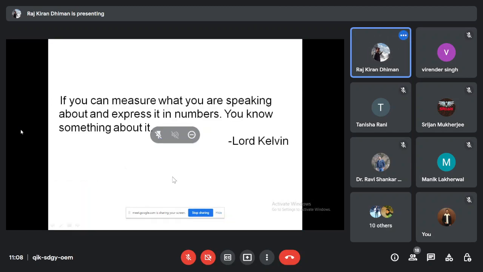As you all know, the topic is slope mass rating classification system. Before I start this session, I just want to quote this quotation: if you can measure what you are speaking about and express it in numbers, you know something about it.